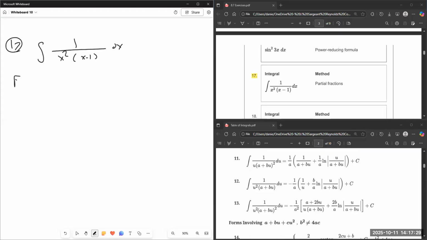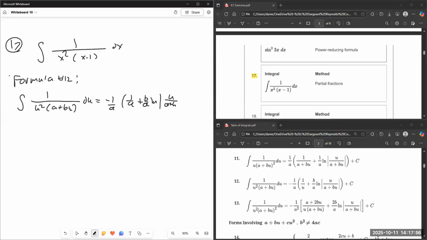Formula number 12 says integral of 1 over u squared times a plus b u du is equal to -1 over a times 1 over u plus b over a ln absolute value of u over a plus b u, close parentheses, plus c.